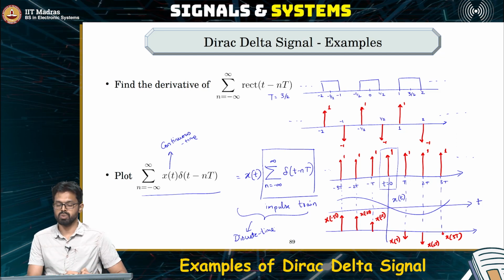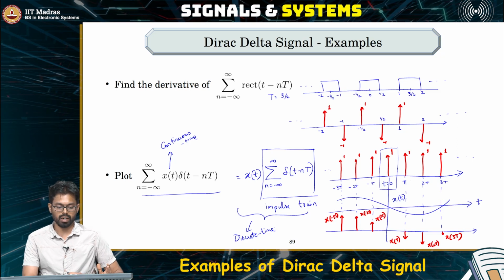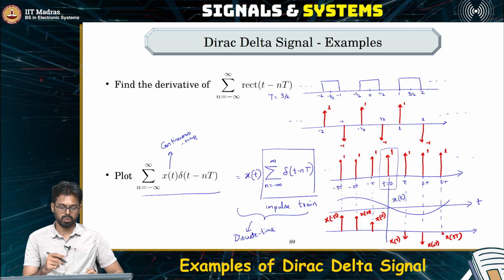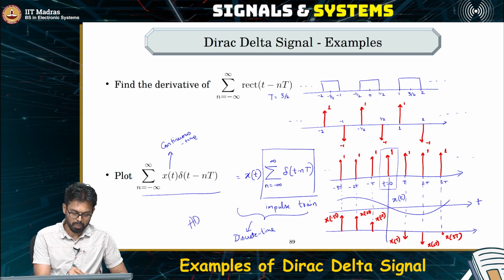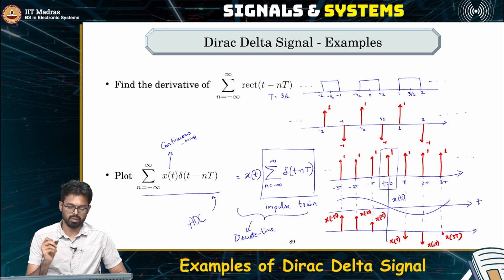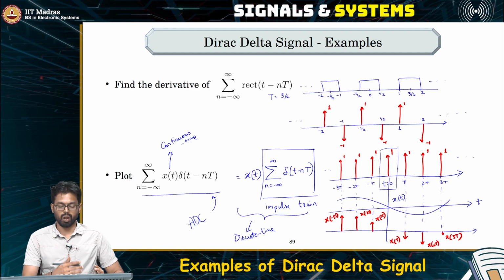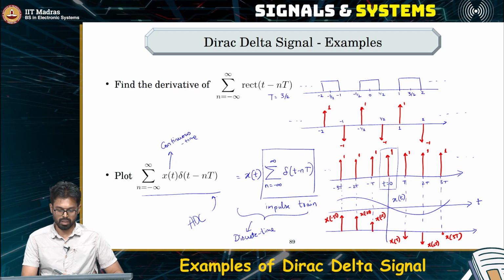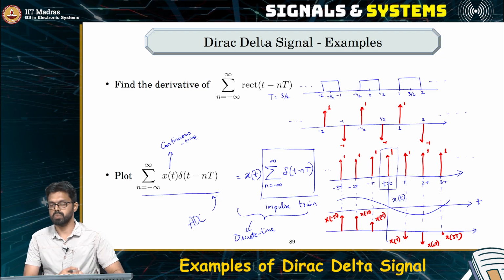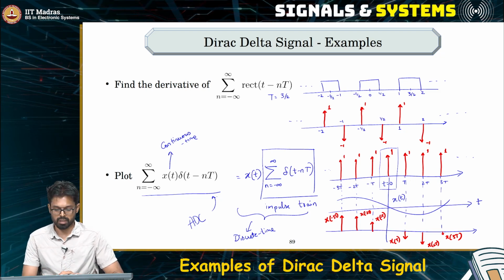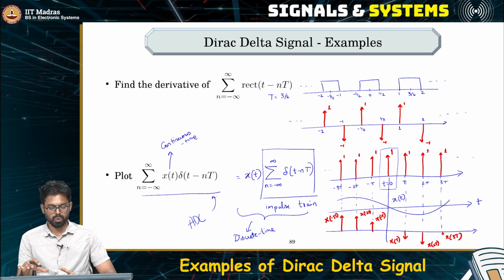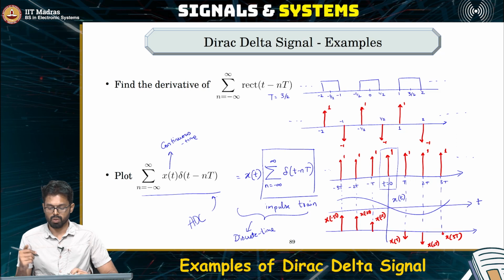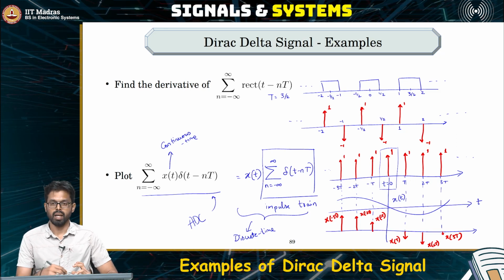The impulse train becomes very useful in this scenario where you want to convert an analog signal to a digital signal. So ADCs are typically modeled using this expression, where an analog continuous time signal is converted to a digital discrete time signal. This becomes very useful in their analysis. In this course, we will not do analysis of ADCs. You will keep using this model. So it is good to know how this model was designed and why it is designed.